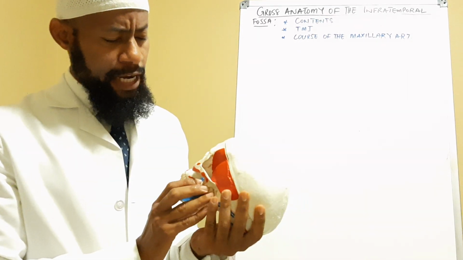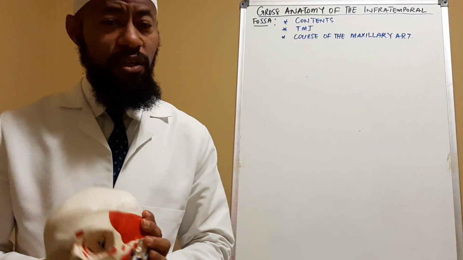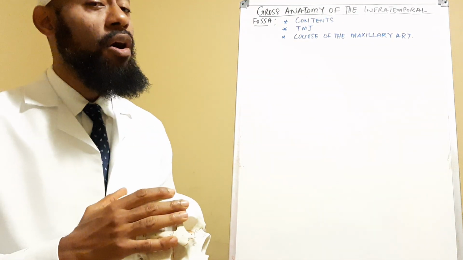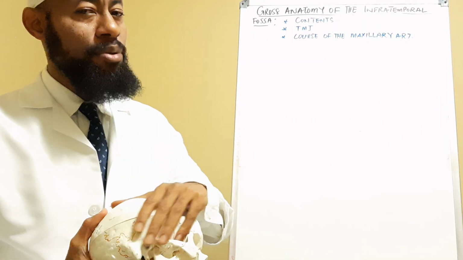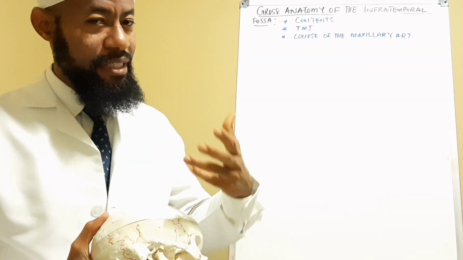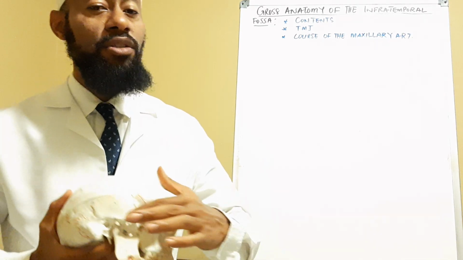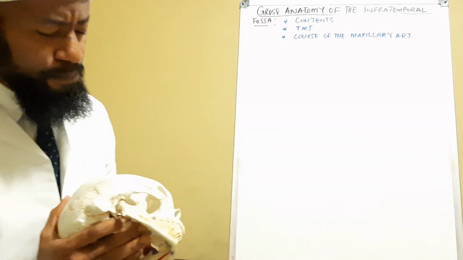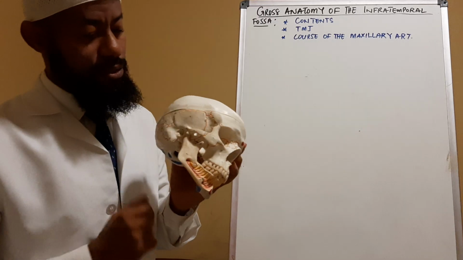When we talk about the infratemporal fossa, we are looking at the lateral aspect of the skull bone. If this is the temporal region, the infratemporal region would be right inferior to the zygomatic arch. So this is the zygomatic arch. Don't mistake that.